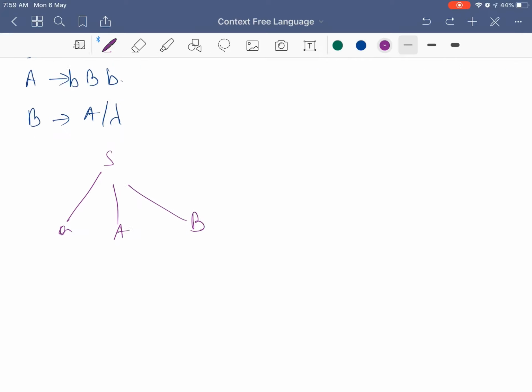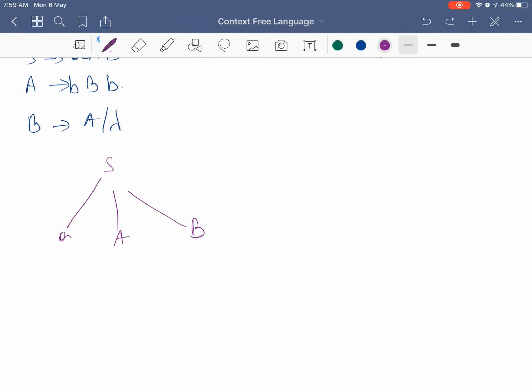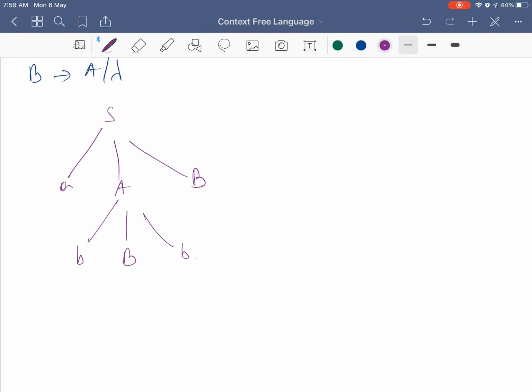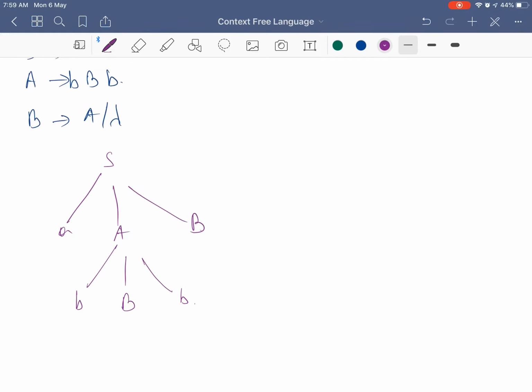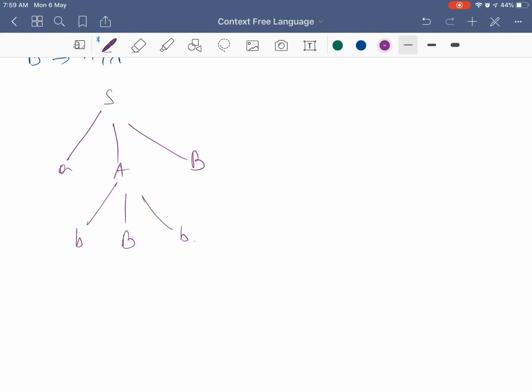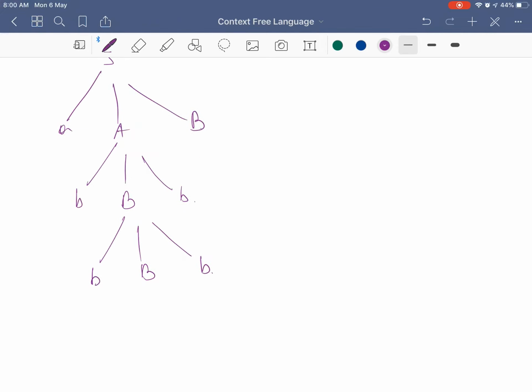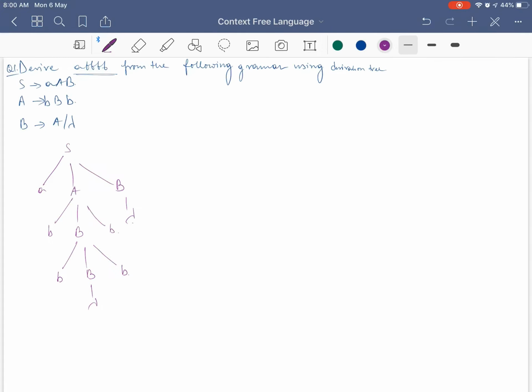Now AAB is there. Now again replace this capital A with B, capital B and small b. Then how many B did I get? Again I can replace this B with small b, capital B and small b, and then this B with lambda and this B also with lambda. So this is one of the derivation trees that I can form. After that, how to get the string out of this derivation tree?